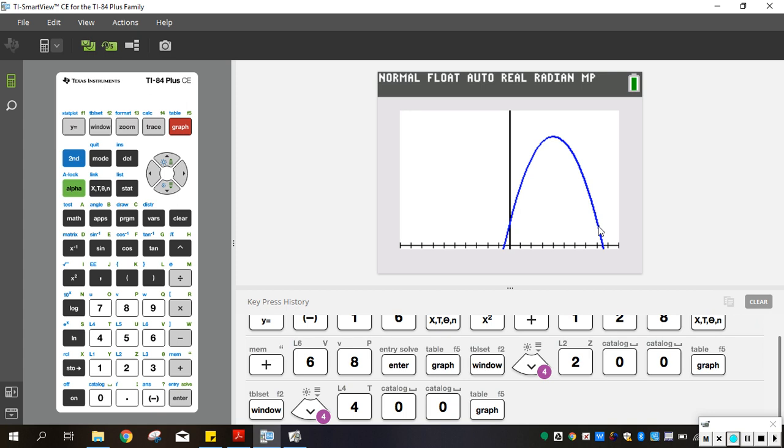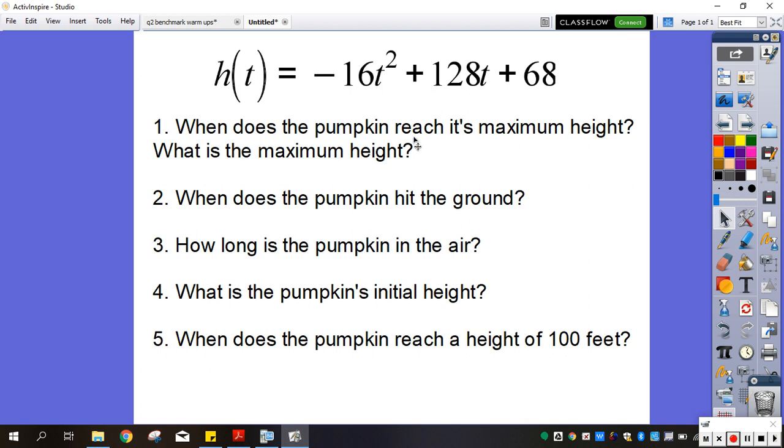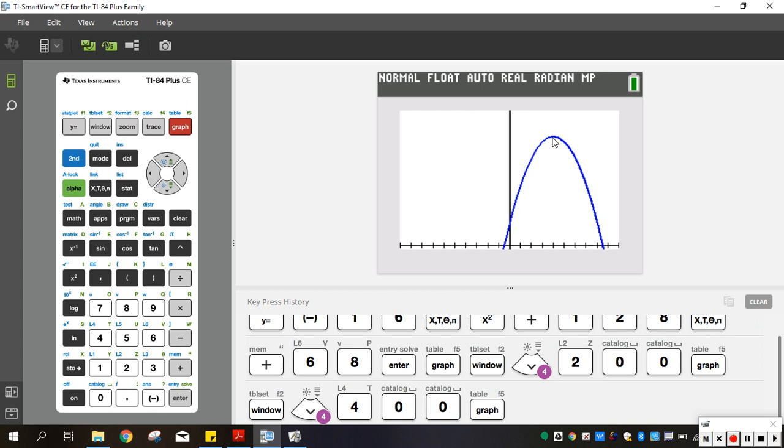And I need all those points of interest, remember from the previous video, to know how to answer these questions. So from there, the first question was, when does the pumpkin reach its maximum height? Well, its maximum height is going to be the vertex, and I need to find that.